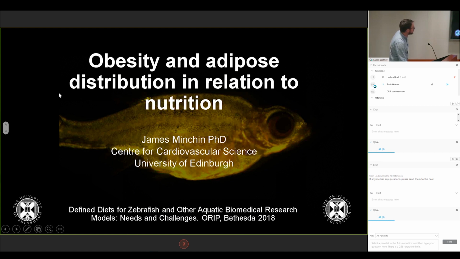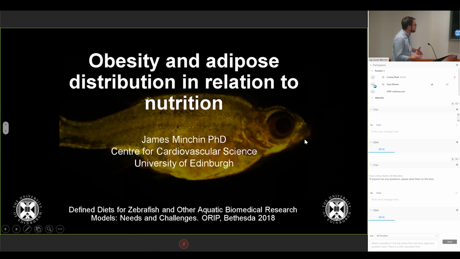So this is a Nile red stain here, which shows neutral lipid in yellow. And the second reason is that they're amenable to genetic and chemical screens. So it's a good tractable model for probing the genetic basis for various adiposity traits.